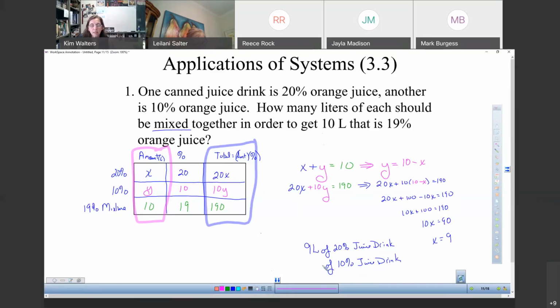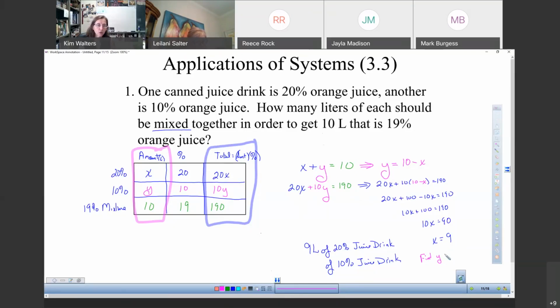Okay. So what I'm doing here, I found x was the 20%, and now I need to find y. So the 10% is the y value. So I find y by using, and I can go right here, or I can just say, hey, that was 10. 10 minus 9 is 1.